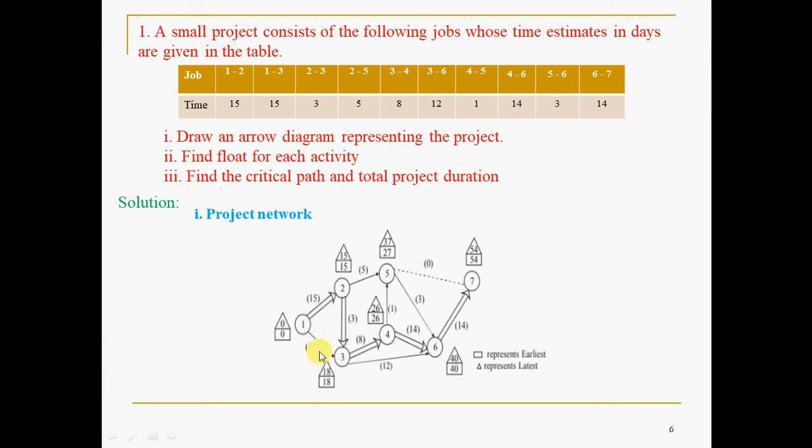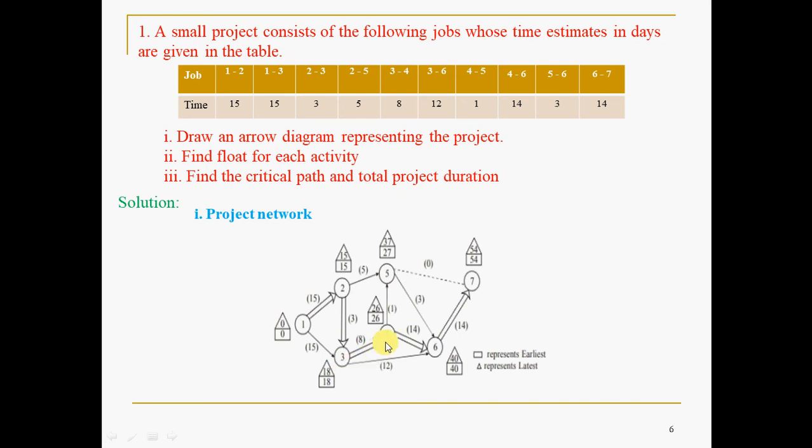Whereas if you take 15 by mistake, only this activity is over, and the other activity you still have to take care of. So the square box value at a particular node is the status of the project at that node. If you want to reach 3, both activities should be completed, so within 18 days this also will be completed. That's why whichever is highest, you will take it.